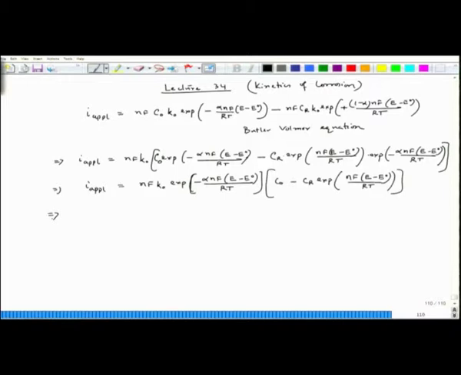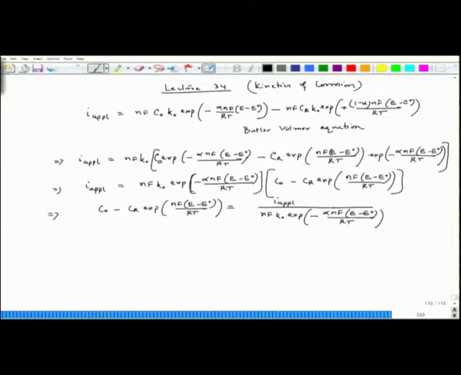It turns out to be then C_O minus C_R exponential nF (E minus E0) by RT equal to I applied divided by nF k0 exponential minus alpha nF (E minus E0) by RT. So, this we are getting.